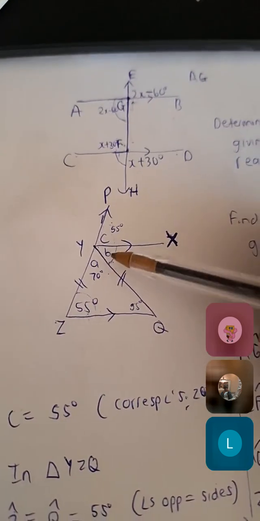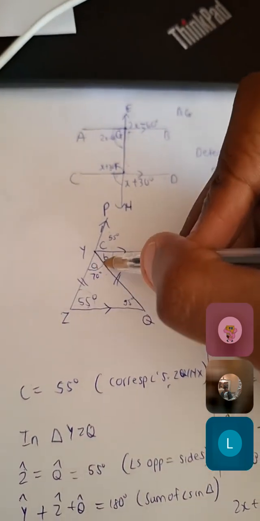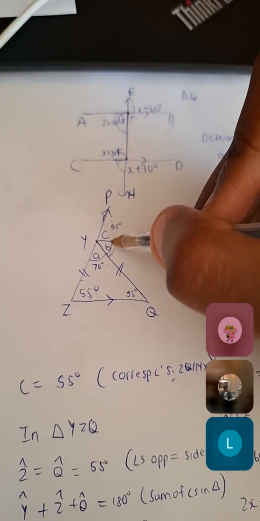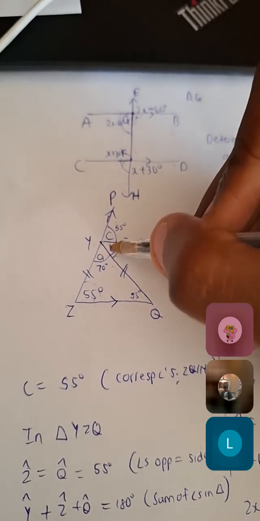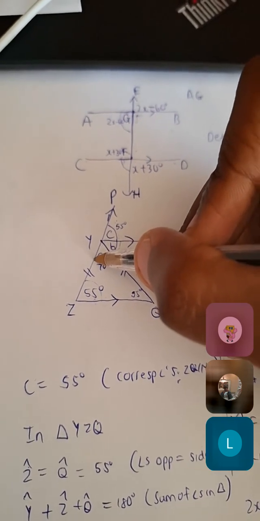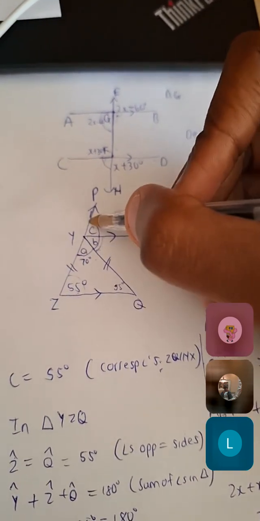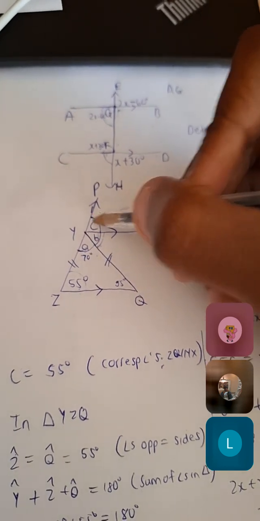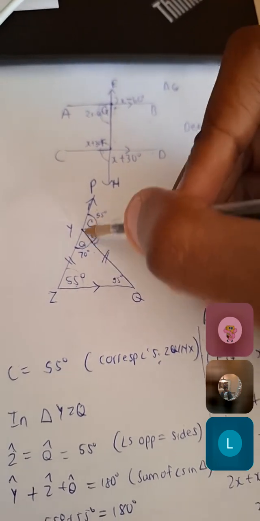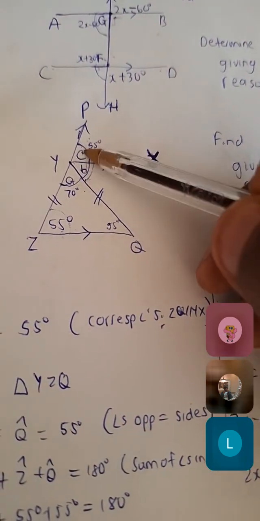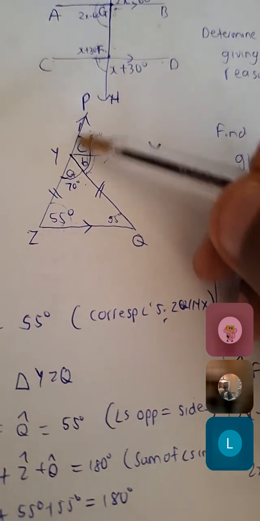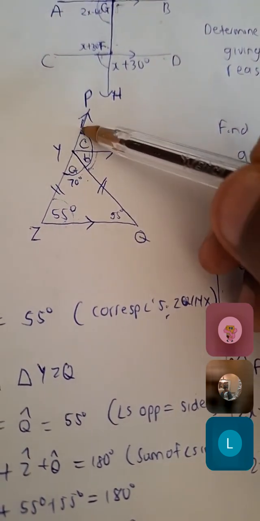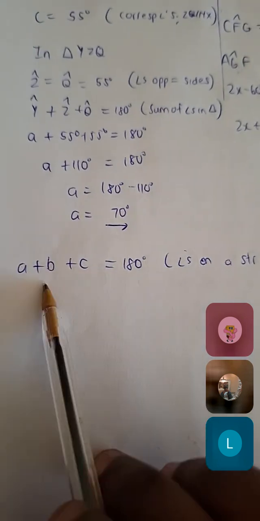If you see all three of these angles, they start from one side of the straight line and complete the other side. They are not just next to each other, they complete a straight line from one side to the other. So these three angles add up to 180, as you've said.